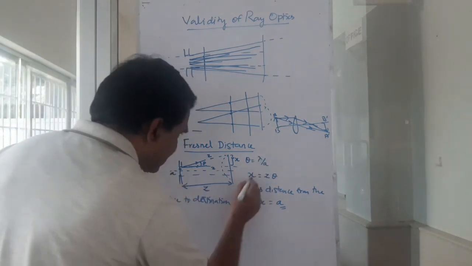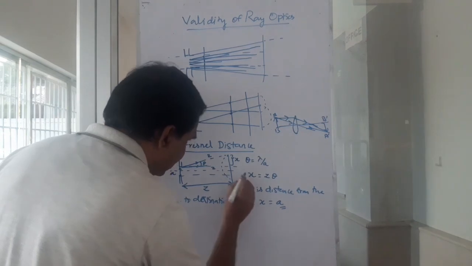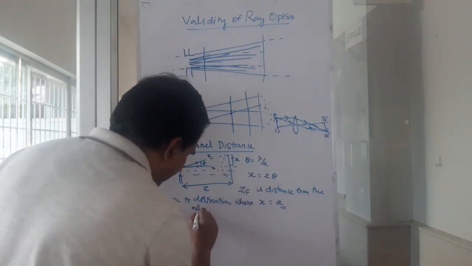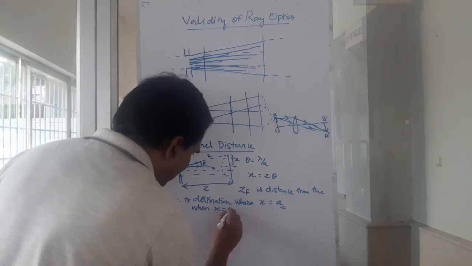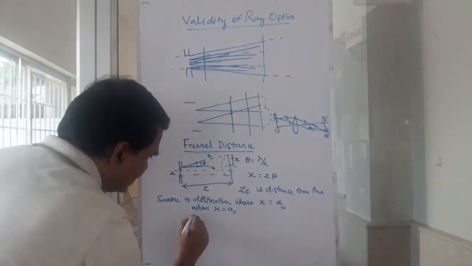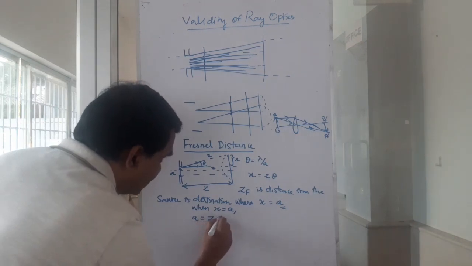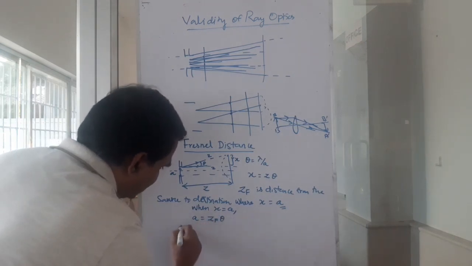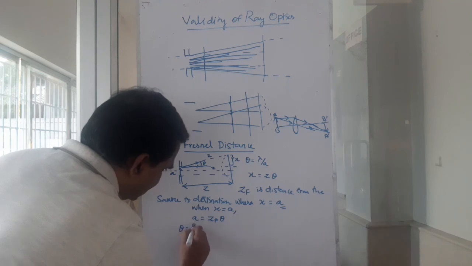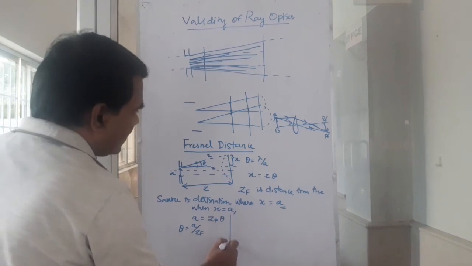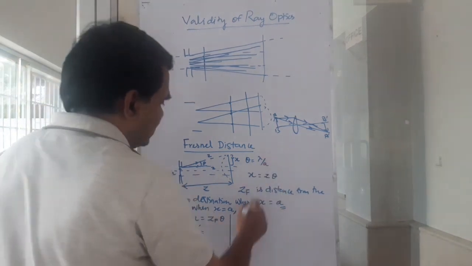So, Z is ZF, right? Okay, when X is equal to A, then A is equal to ZF times theta. So theta is equal to A by ZF. So what do you know?